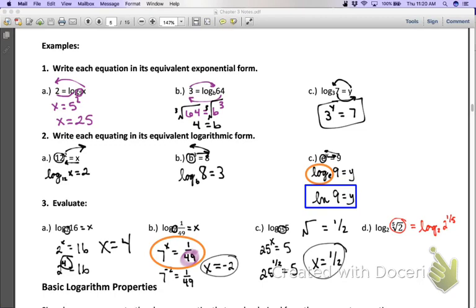So whenever we have, and we'll talk about this later, this one's kind of a special case, when you have two bases that are the same, it's just going to be equal to my exponent. So it's just going to be 1/5.